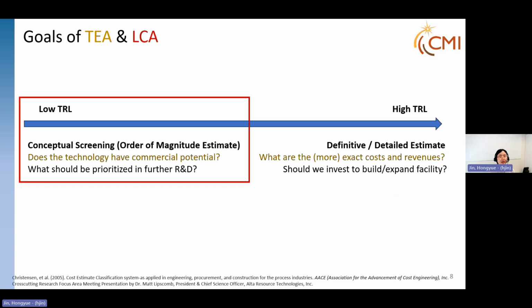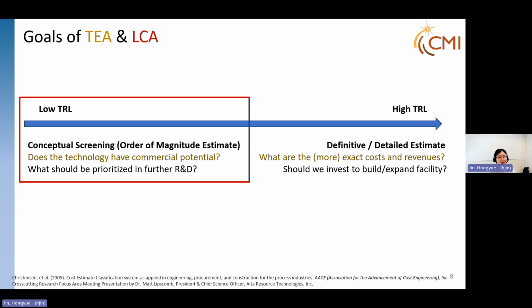TRL is important because when we have different TRLs, we tend to try to answer different questions according to our TEA-LCA. So with the lower TRL level, we want to have some screening or order of magnitude estimate.